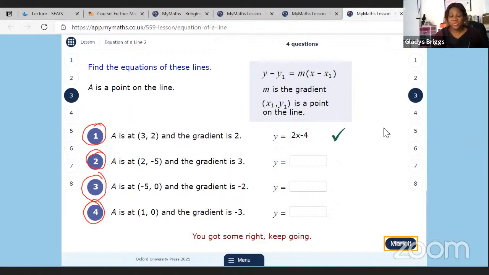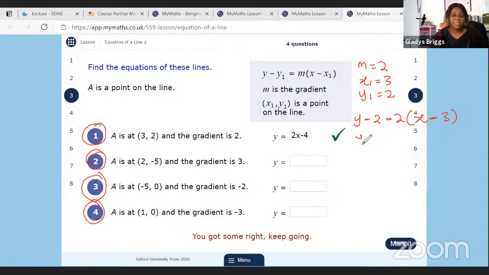So let's have a look. Let's do it so that Rim can catch up with the rest of the class, yeah? So m, they gave you m to be 2. And x1 is 3. y1 is 2. So you're going to write y minus 2 is equal to 2 times x minus 3, yeah? So y minus 2 would be equal to 2x minus 6.